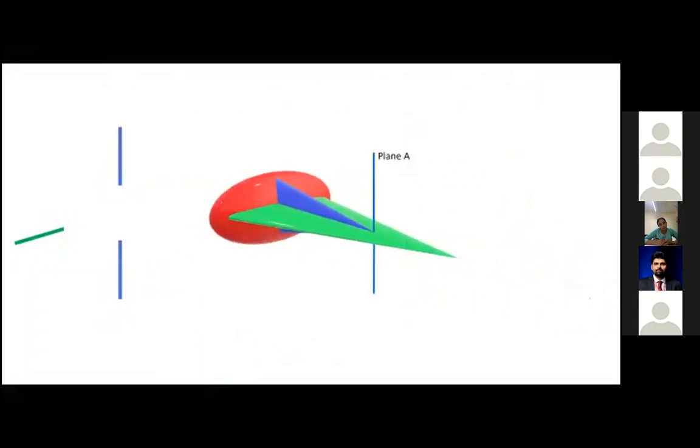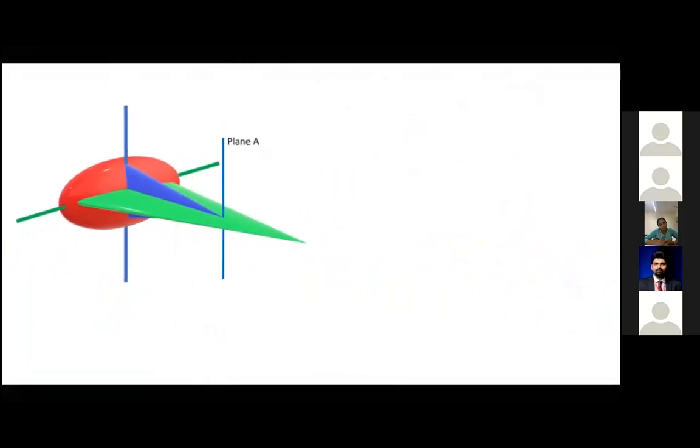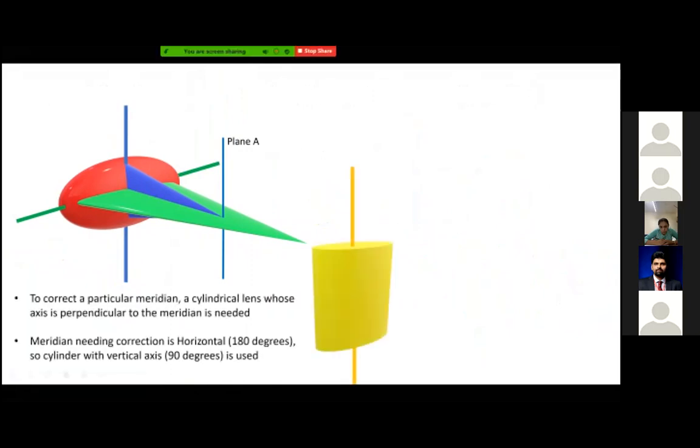Now, let us assume we want to correct this toric surface and make both the meridians focus at plane A only. That means we need this horizontal meridian to be corrected to plane A. So for this, we need to add a cylindrical lens, you can see this yellow lens over here. The cylindrical lens that corrects the horizontal meridian will have its axis in the vertical direction.